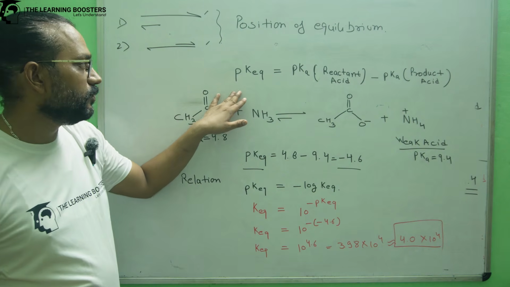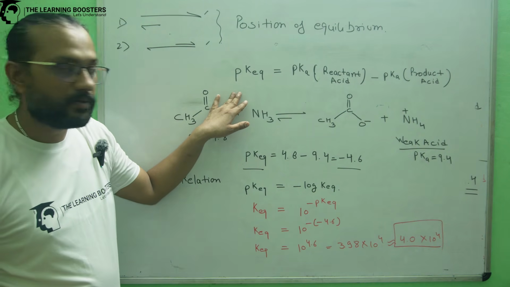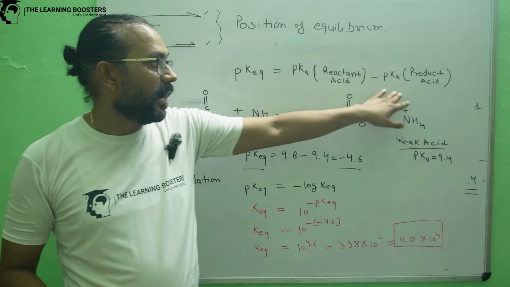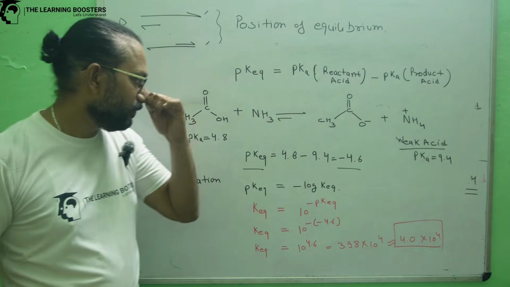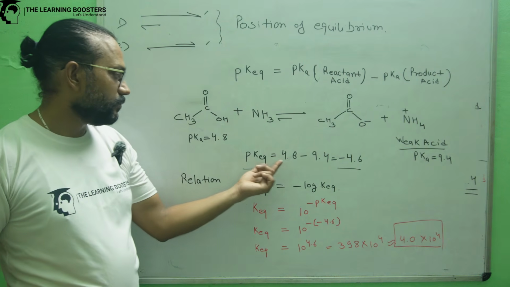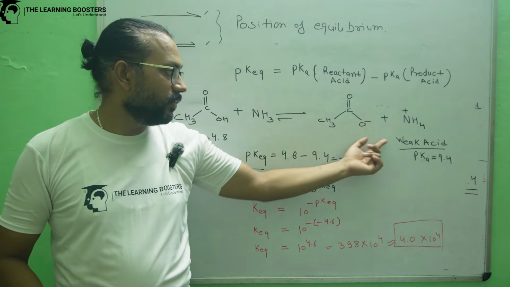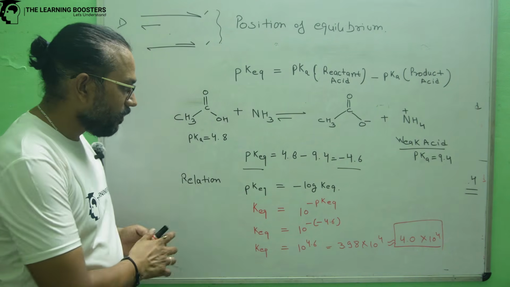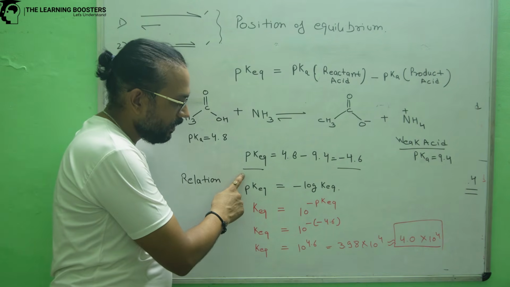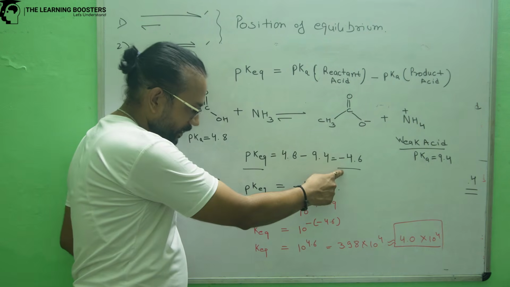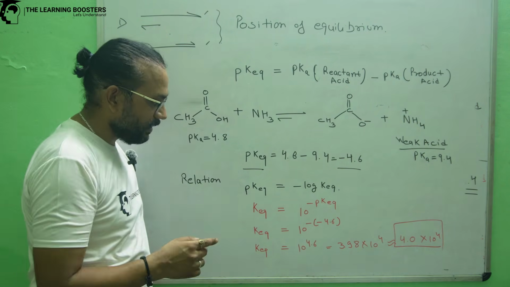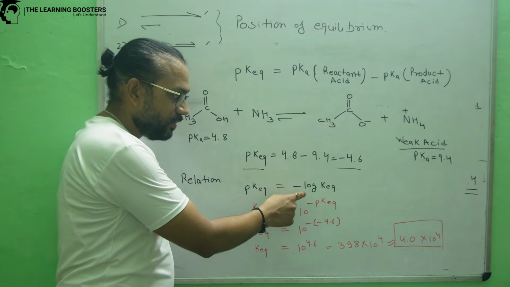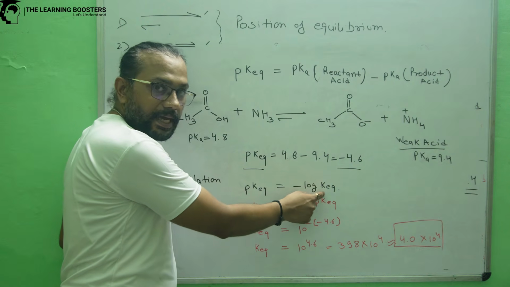The formula that we use to calculate the equilibrium constant is pK equilibrium equals pKa of the reactant acid minus pKa of the product acid. For example, here pKa of the reactant is 4.8, minus the pKa of the product, which is 9.4. So we calculate pK equilibrium equal to minus 4.6. Then pK equilibrium equals minus log K equilibrium.